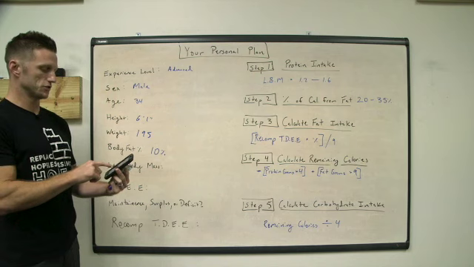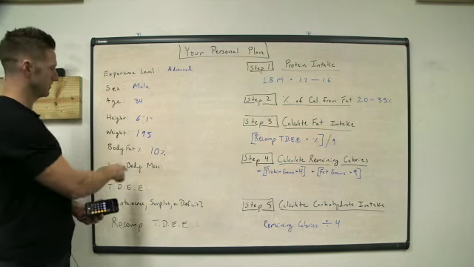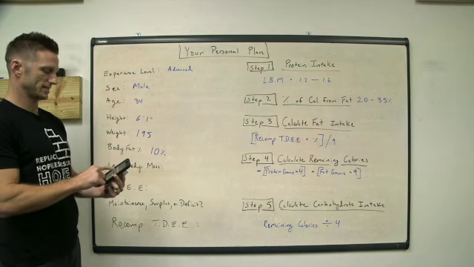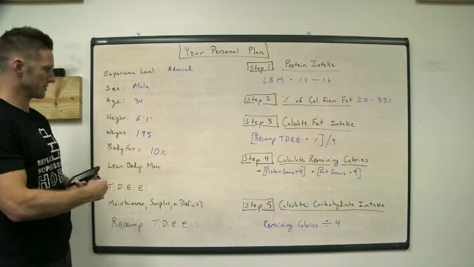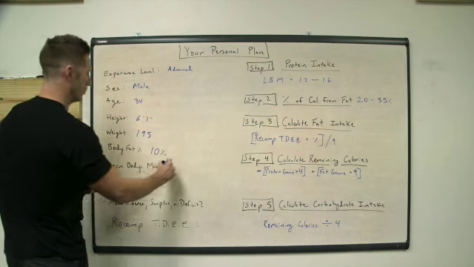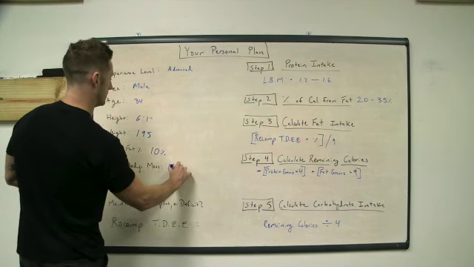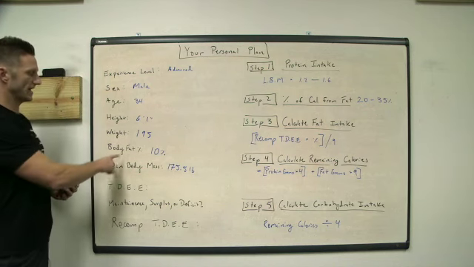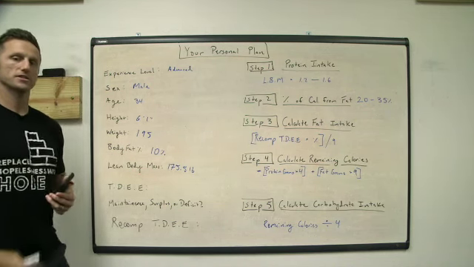Then what you do is you subtract that number from your weight. So I'm gonna do 195 subtract 19.5, and that gives me my lean body mass of 175.5 pounds.